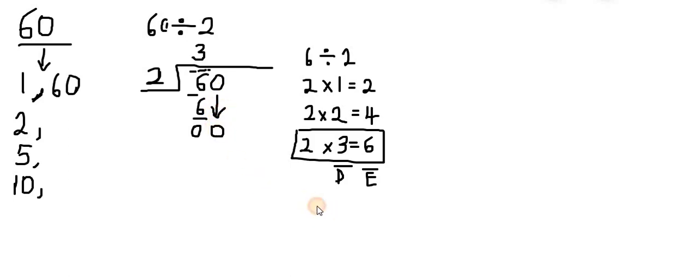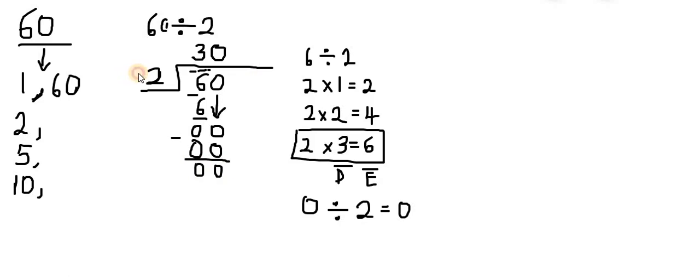Okay, now there's still a 0 left here, so we bring that 0 down, and so our next division is 0 divided by 2. Okay, and so that is simply just 0. Okay, so no remainders there, just a bunch of zeros again.